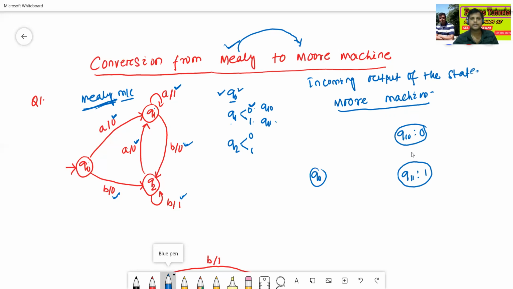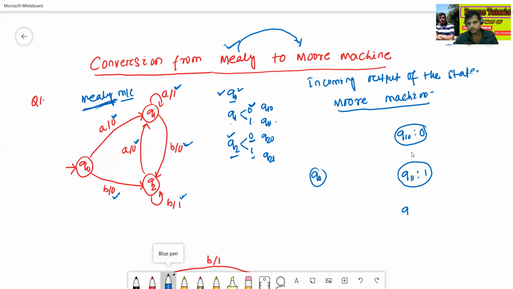Now we'll divide the Q2 state into two states based on the incoming outputs, 0 and 1. There are two outputs, so we divide Q2 into two states, Q20 and Q21.